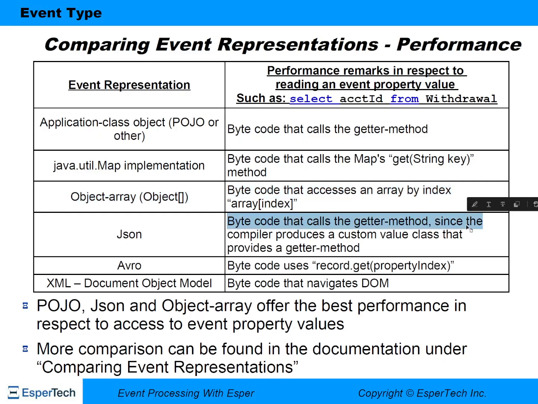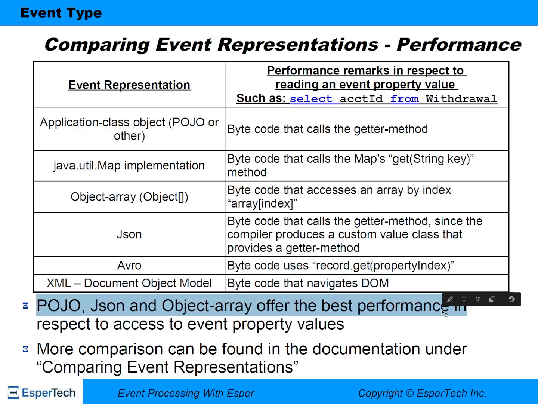For JSON, the compiler produces bytecode that calls the getter method, since the compiler produces a custom value class that provides a getter method. For Avro, the compiler produces bytecode that calls record.get(property index). For XML document object model, the compiler produces bytecode that navigates the DOM.